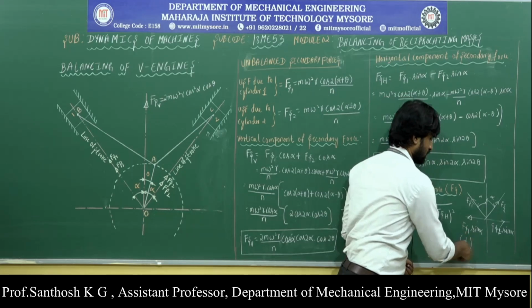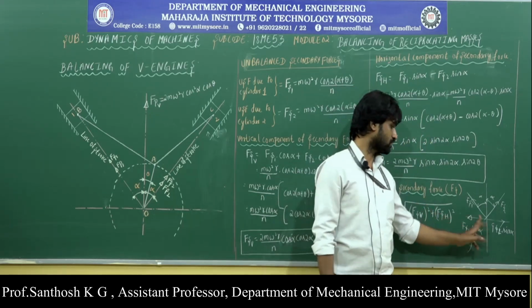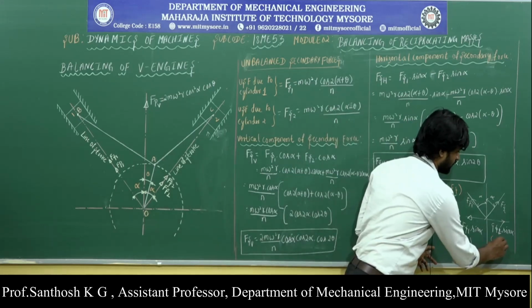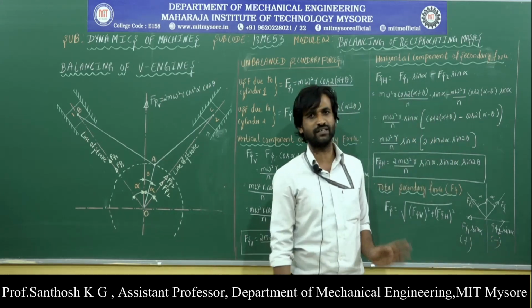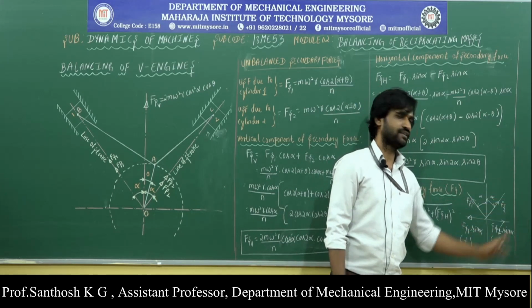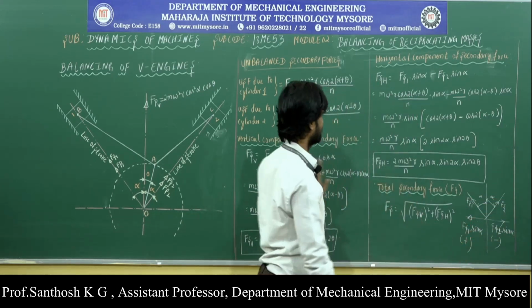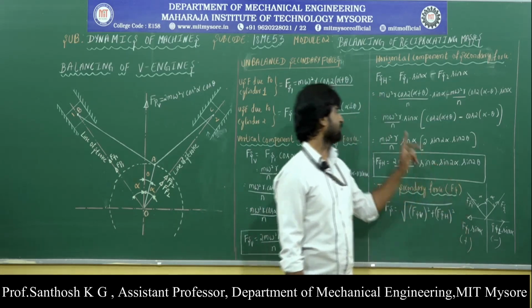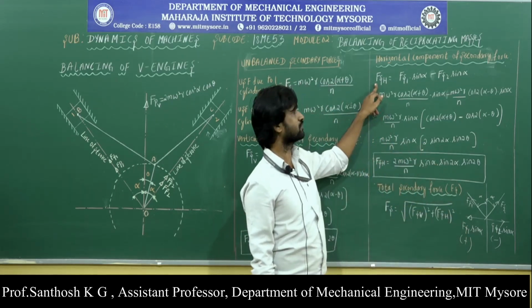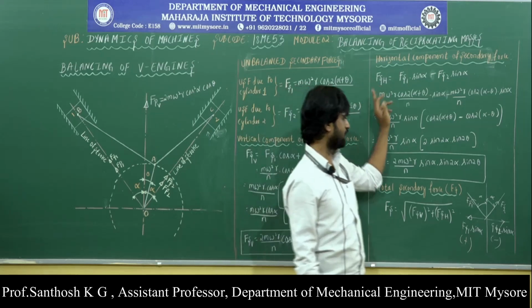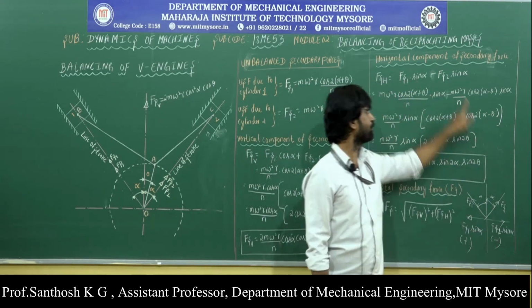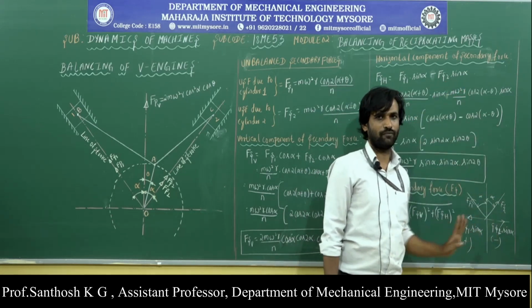So the horizontal force that is acting towards the left, I will take as positive, and the horizontal force that is acting towards the right, I will consider as negative. So the total secondary force acting along the horizontal direction will be Fs1 sine alpha minus Fs2 sine alpha.